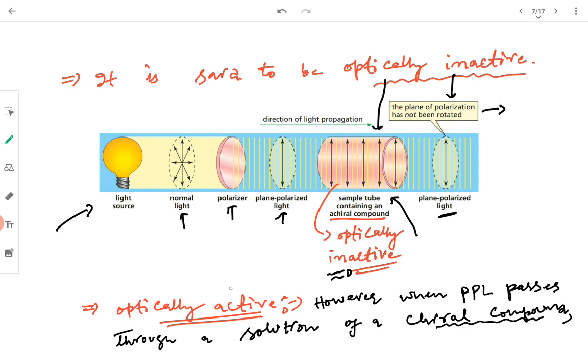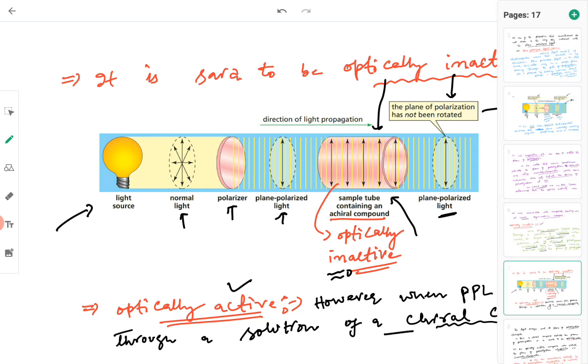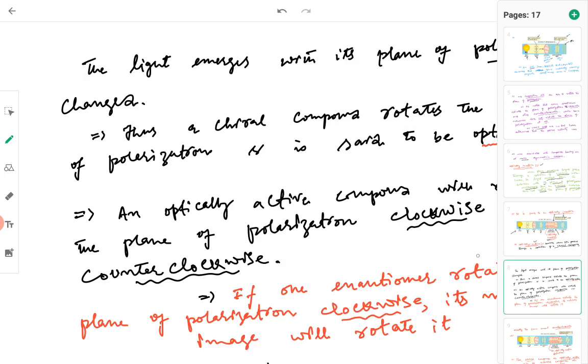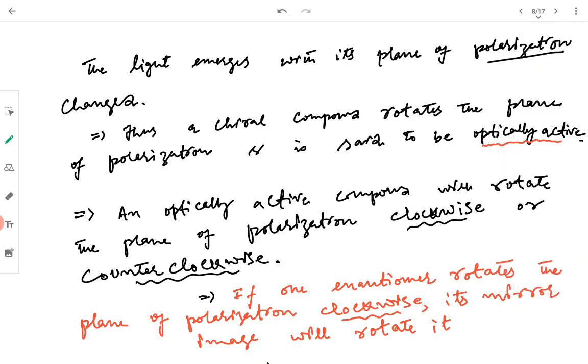On the other hand, optically active compounds: when plane polarized light passes through a solution of a chiral compound, the light emerges with its plane of polarization changed.